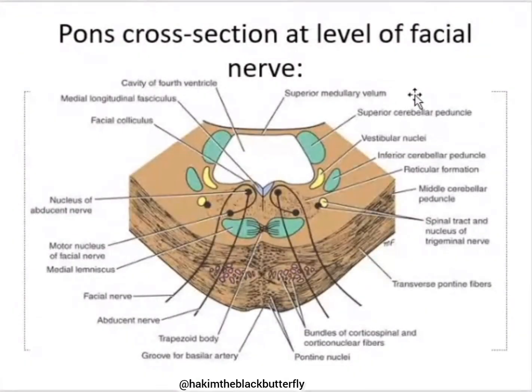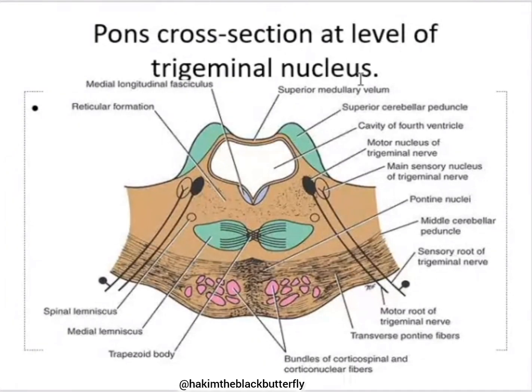When you make it at a higher level, the first thing you should identify is the trigeminal nerve, a motor root and a main sensory root.